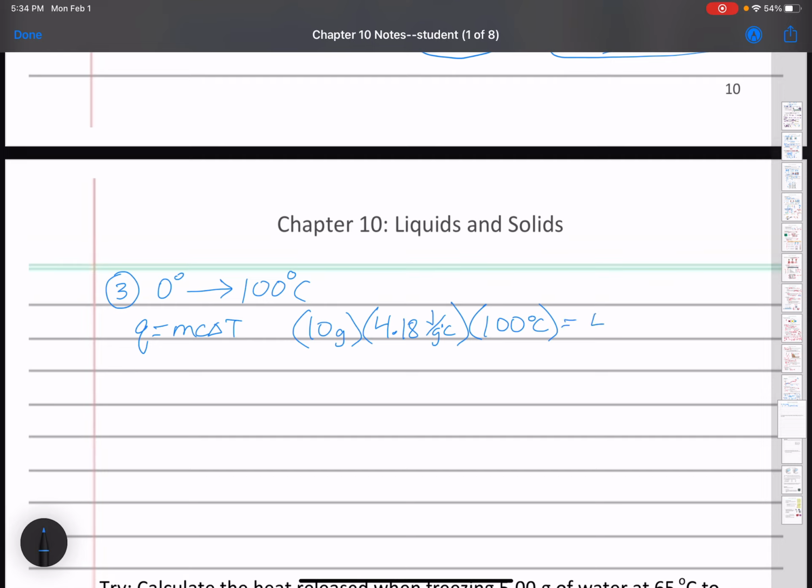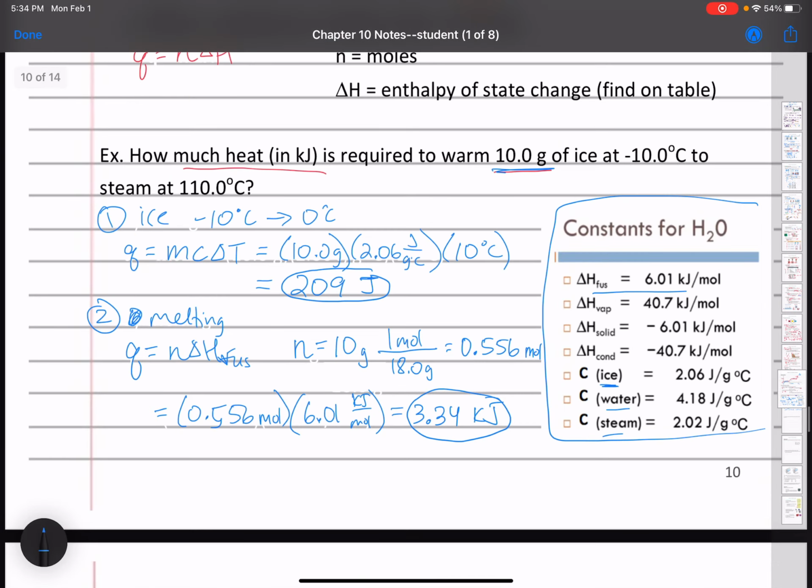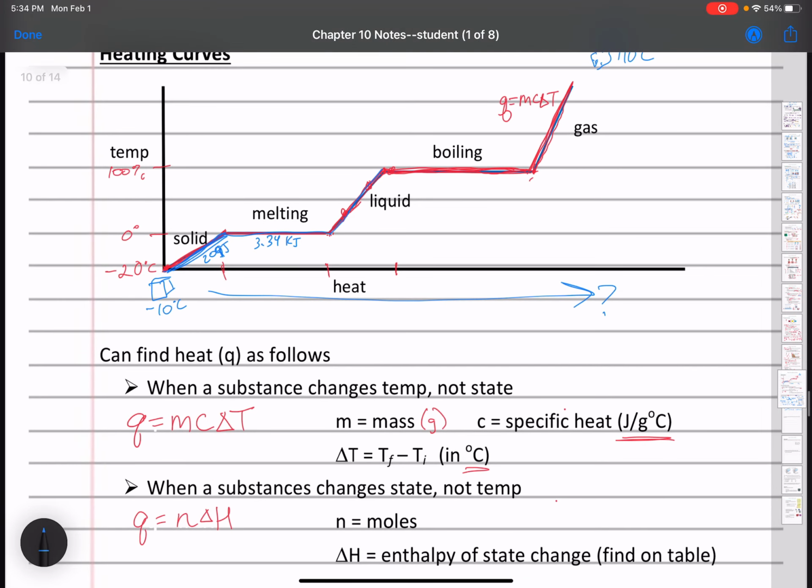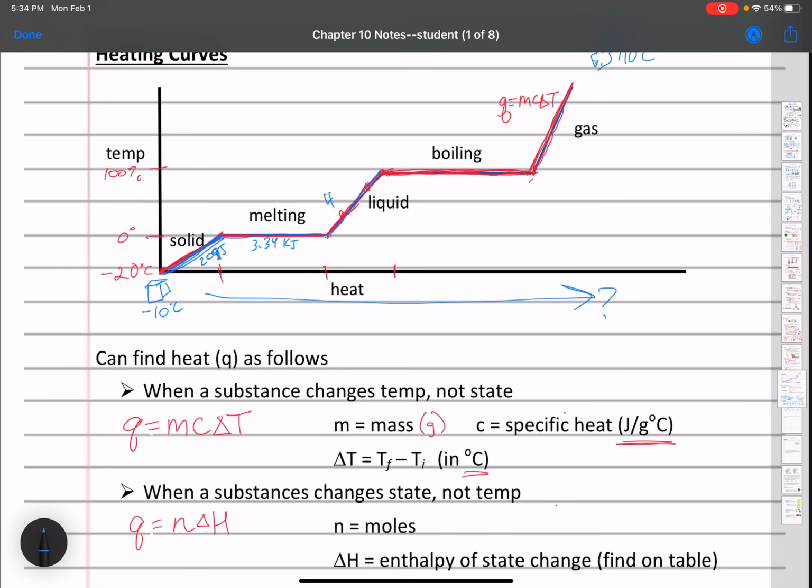And we get 4,180 joules, or 4.18 kilojoules. So this part takes 4.18 kilojoules.